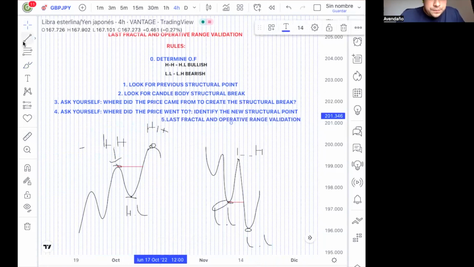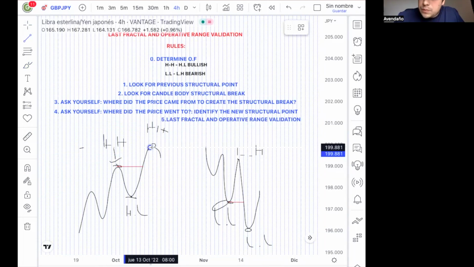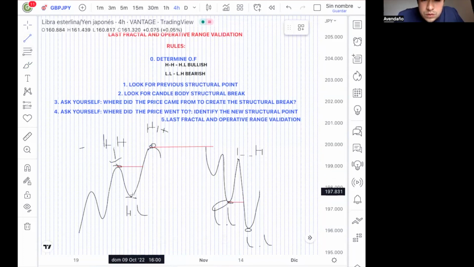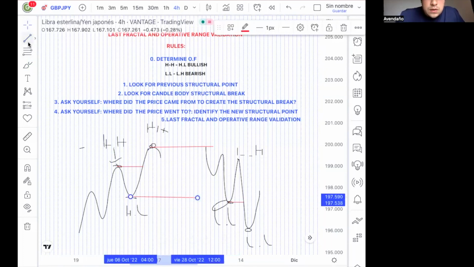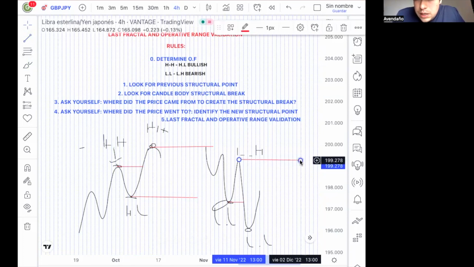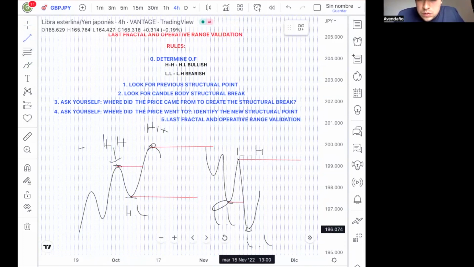In this case, our new fractal may be composed by the prices between this new higher high and this previous higher low. And for this case, our operative range, our last fractal, may be composed between this new lower high and this new lower low.